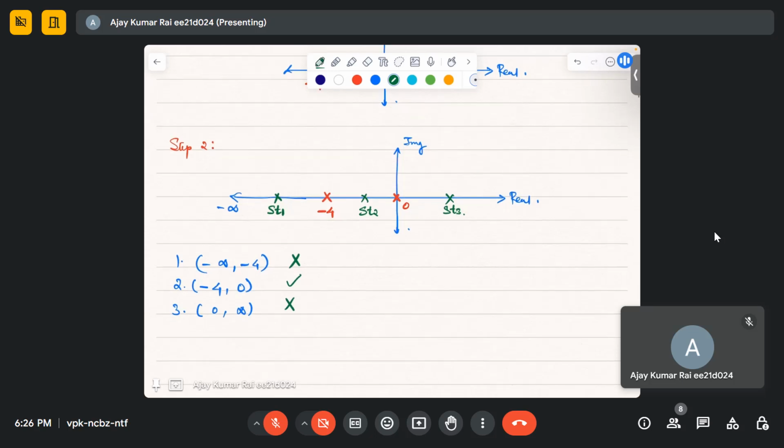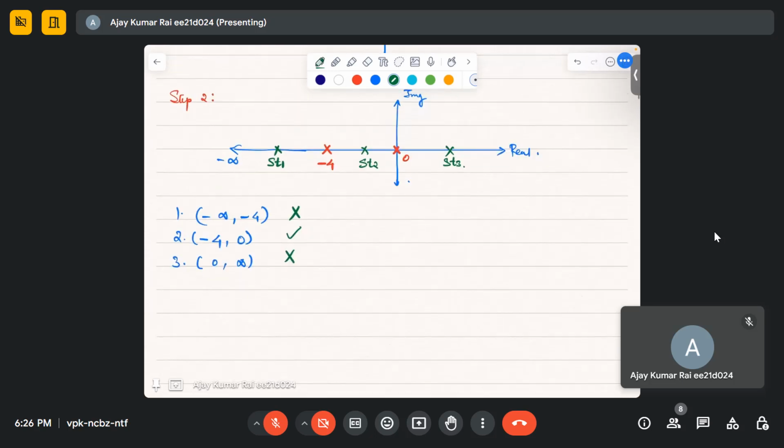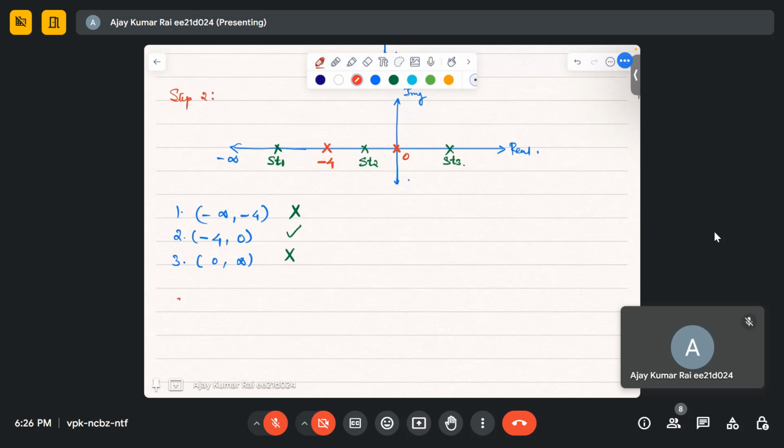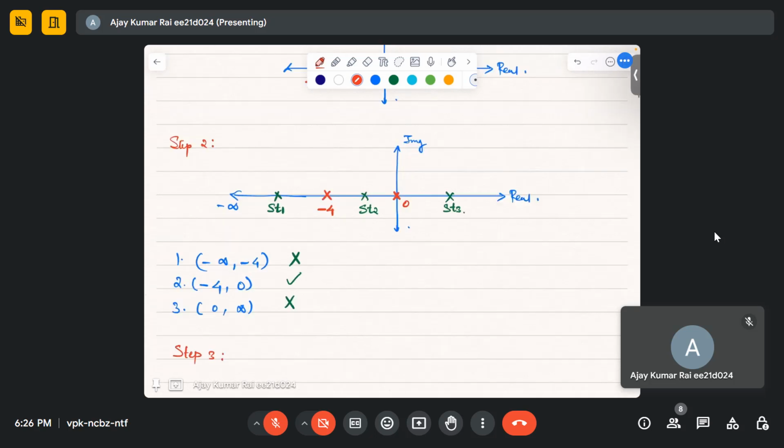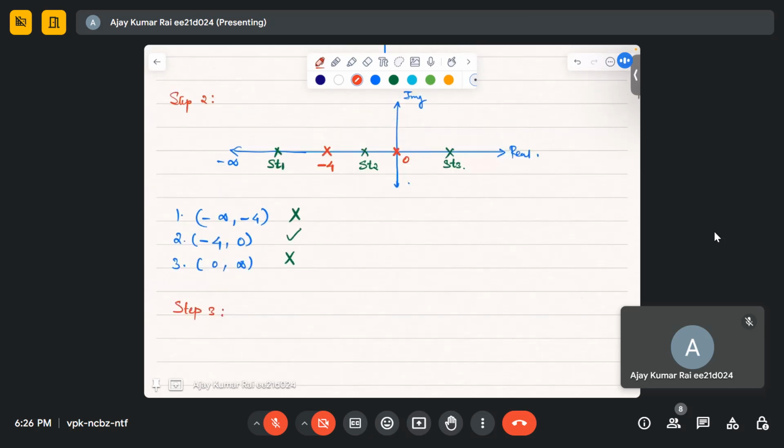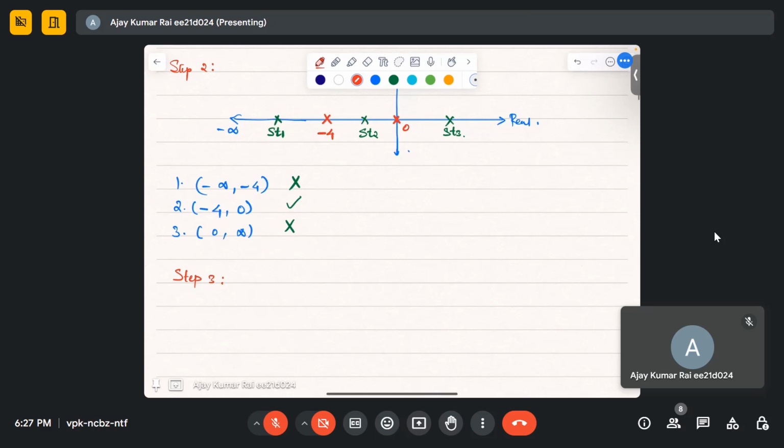Any doubt up to now here? Next is finding the asymptotes. First, how many asymptotes will there be? The number of asymptotes is equal to n minus m, where n is the number of poles and m is the number of zeros.